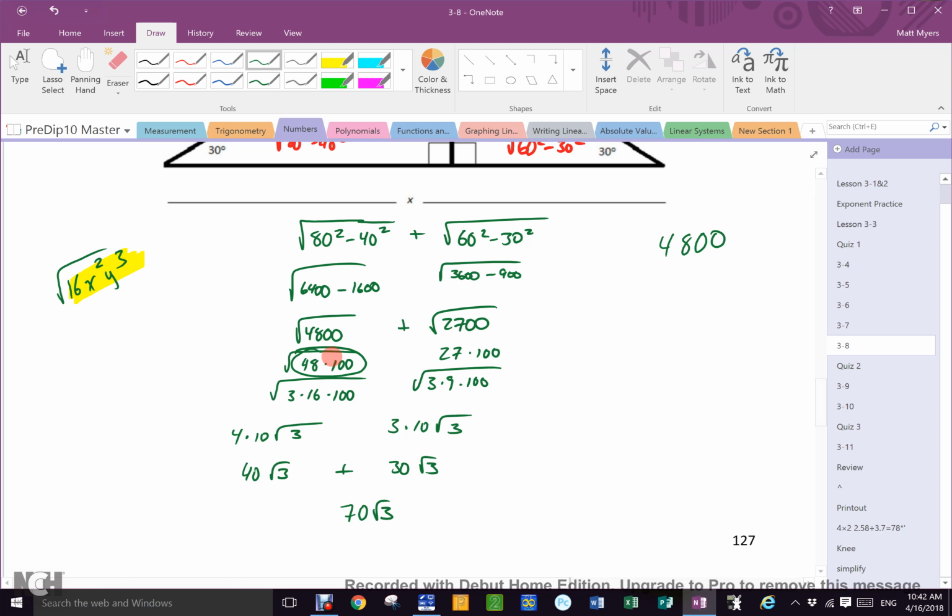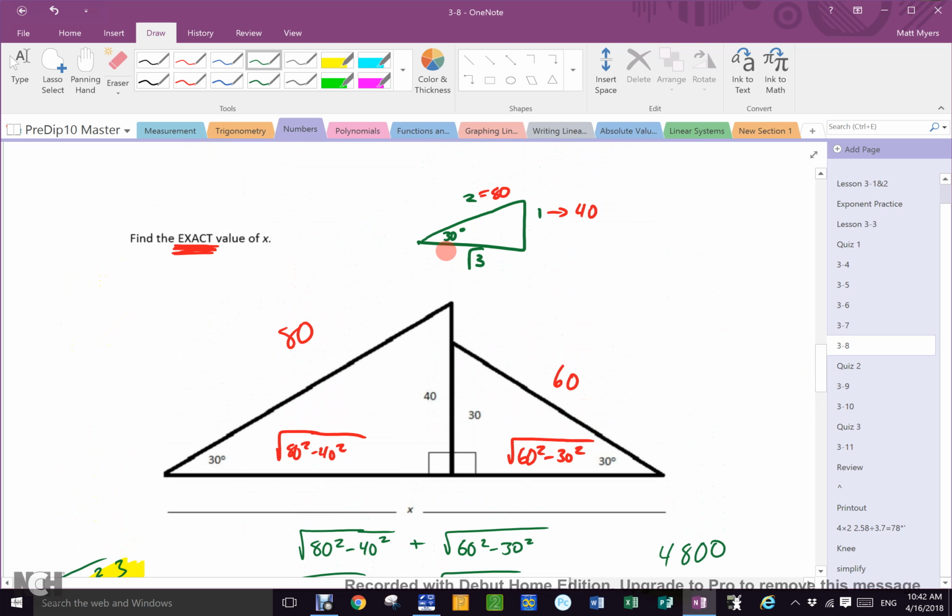Everybody good? Now, this question you really could only do if you remembered those perfect squares, yes? But once you saw those perfect squares, then it applies to this unit. Everybody with me?